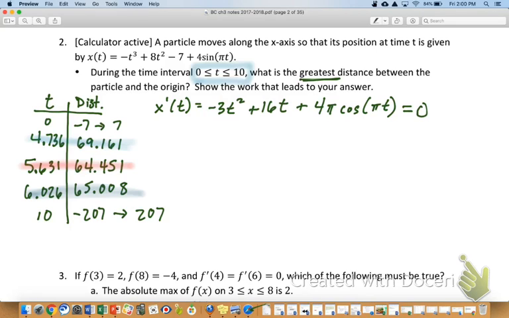But none of those 3 is actually where the maximum distance happens. It's actually the endpoint, and at the endpoint, I bet there is no sign change from negative to positive or positive to negative. So a sign chart would not have revealed that. We would have just stopped at the 10 and picked the wrong one using a sign chart. Using a table to compare, we're able to find the one that's the biggest or the smallest, whatever we're looking for. Does that make sense?